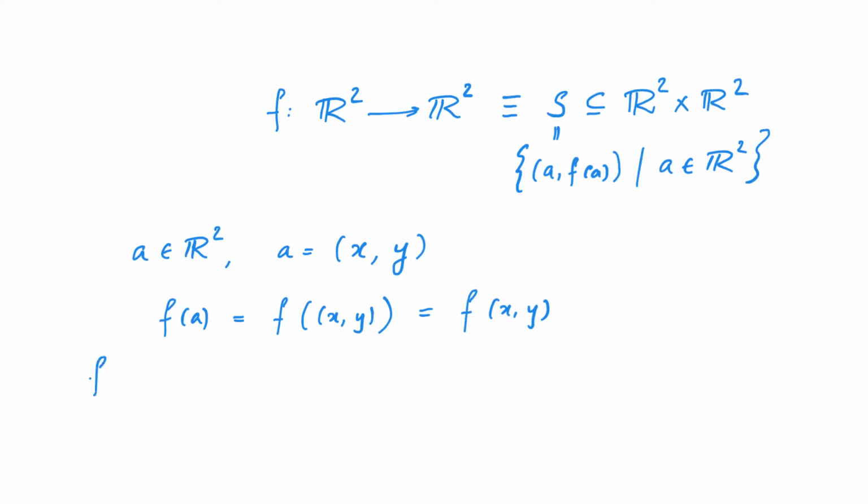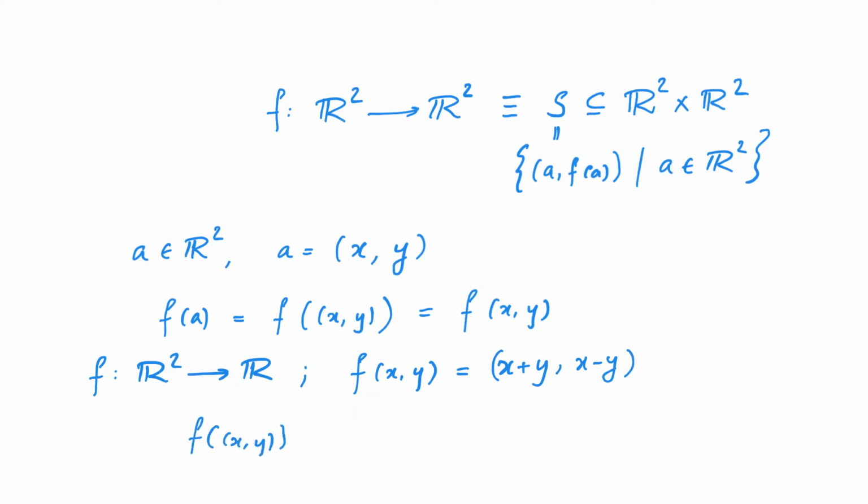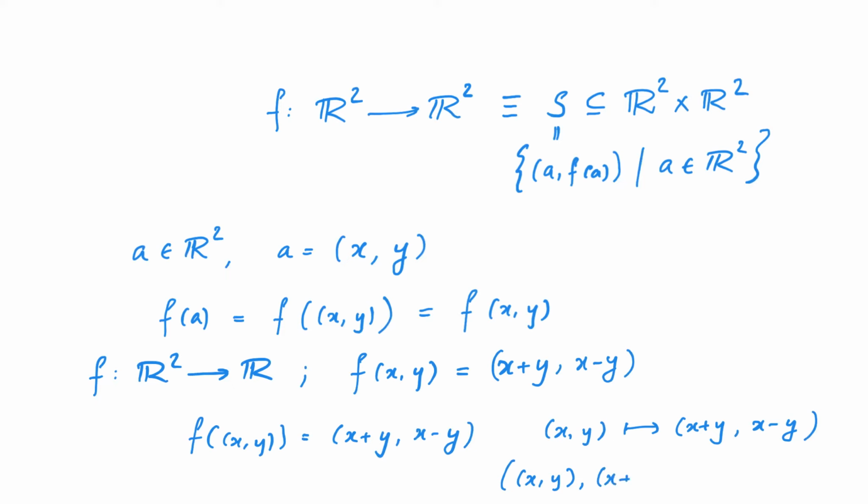So for instance, if I write that f from R2 to R2 is given by f(x, y) = (x + y, x - y), what I actually mean is that f((x, y)) = (x + y, x - y), or (x, y) goes to (x + y, x - y), or the pair ((x, y), (x + y, x - y)) belongs to the set S that defines the function f.